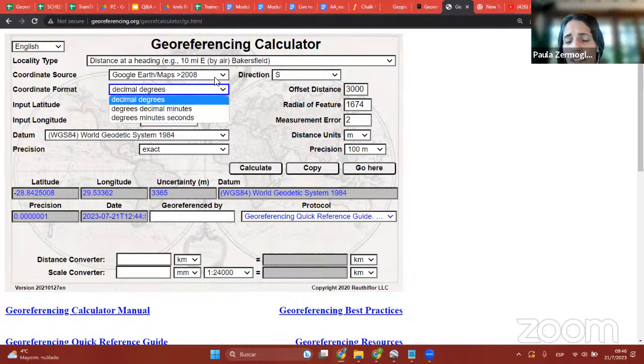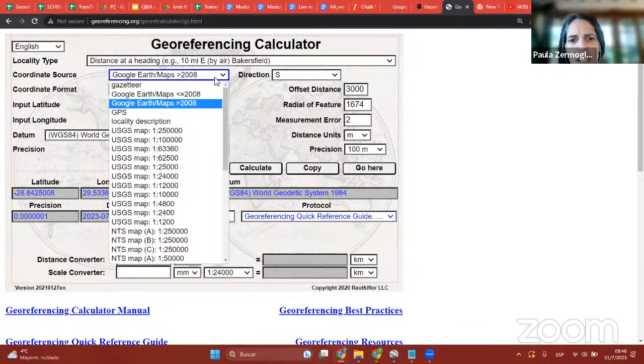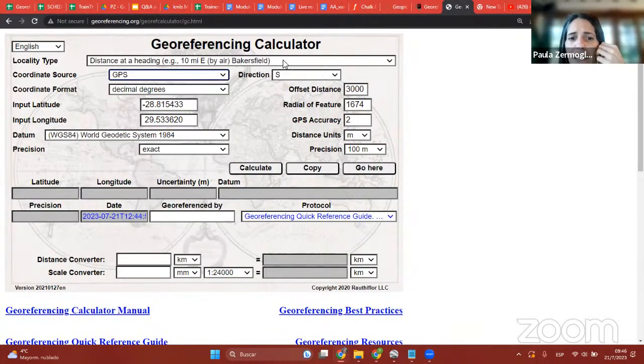As the source. Now in there, you will get a new field to fill in, which is the GPS accuracy.